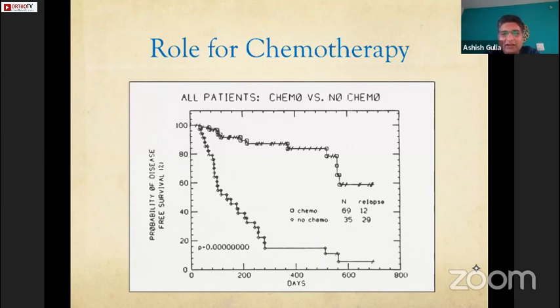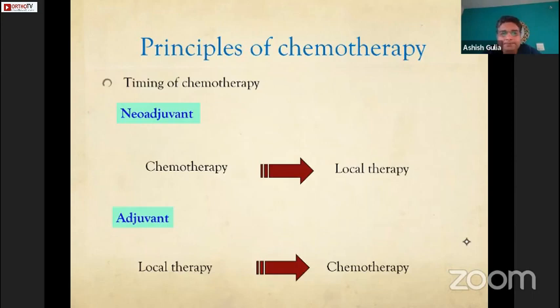And this is the importance of chemotherapy, and we need to understand. Hence, we as surgeons cannot treat these tumors alone if we want optimal outcome. You may operate on them, but then most of them will end up dying.